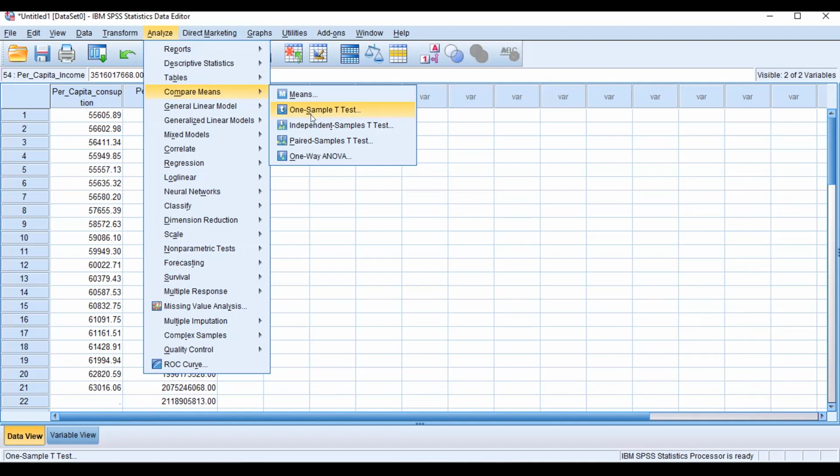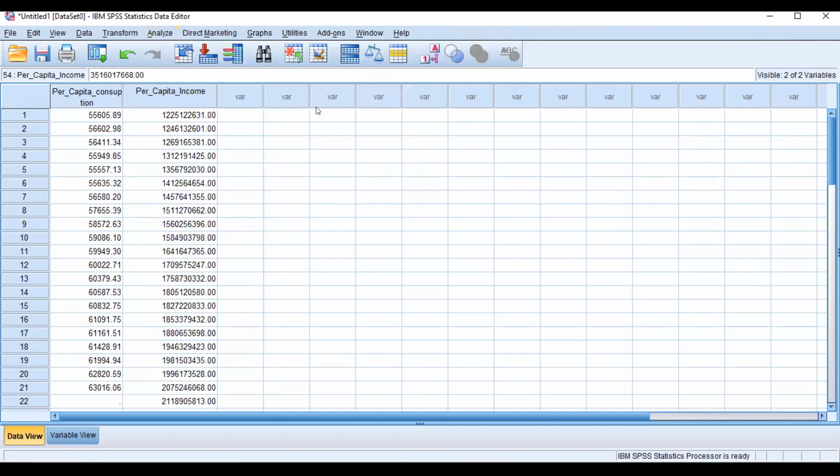Here you have lots of options like one sample t-test, independent samples t-test, paired sample t-test, and one-way ANOVA. These are all tests for comparing means and parametric tests. In independent sample t-test, I'll let you know later. First, we should be clear about the one sample t-test, and there is a thin line of difference between the paired sample t-test and independent sample t-test. So first we will discuss the one sample with this example.